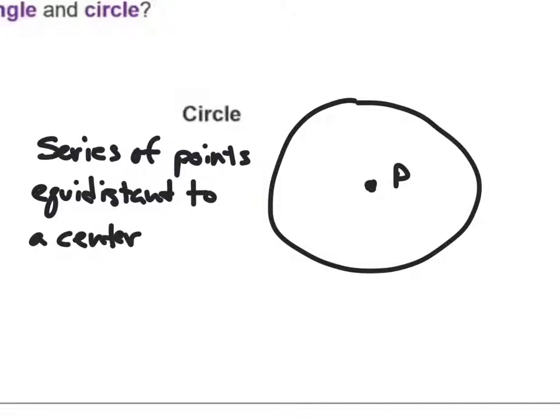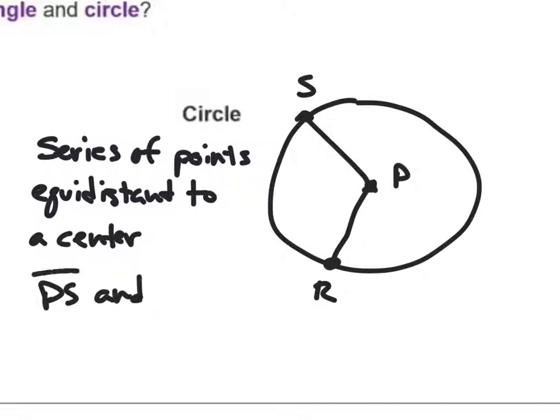And that's how we get a circle. If I take point P to some other point out here, we'll call this, say, PR, and if I had P up here to some other point PS, I know that segment PS and segment PR have the same length.